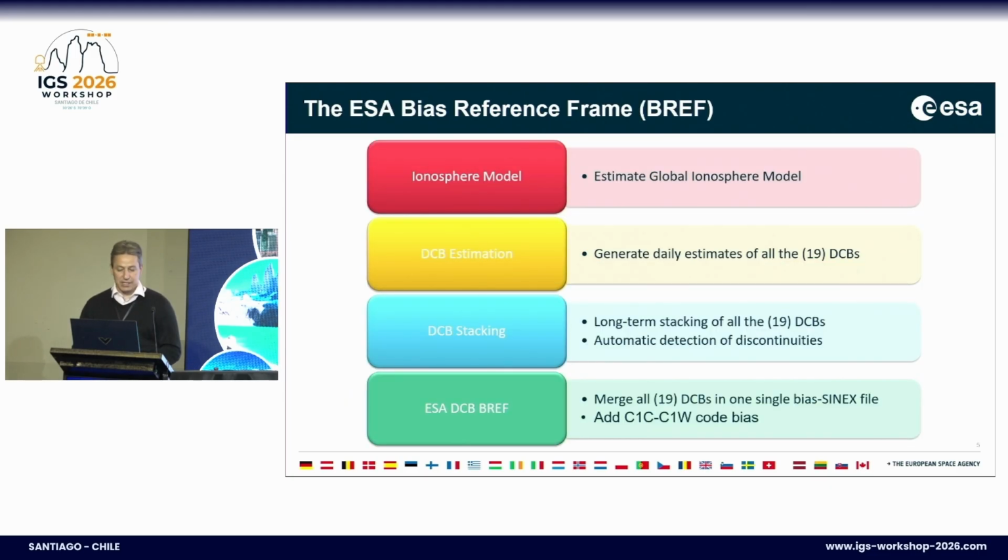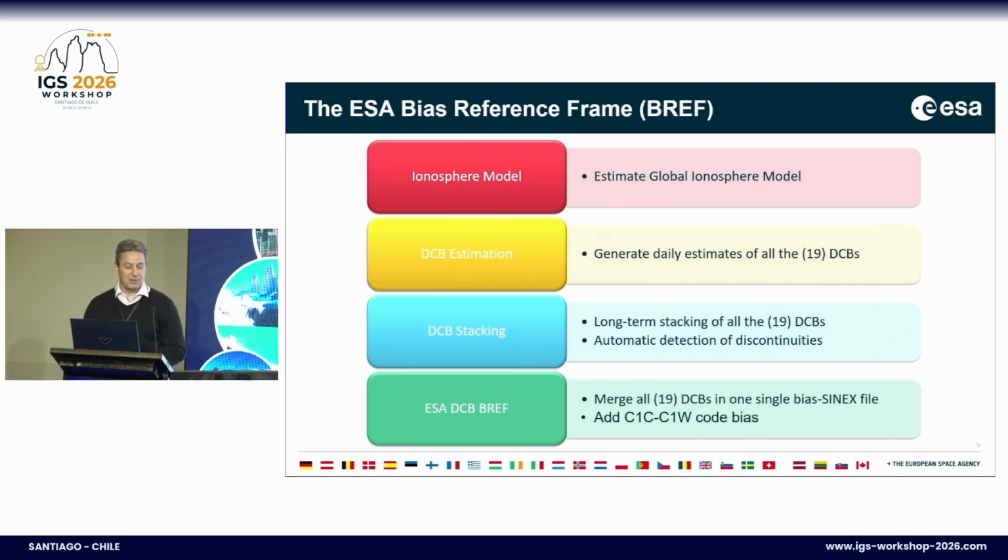How do we generate the bias reference frame? As usual, as done also by all the analysis centers, we start with the estimation of a global ionosphere model, in the first place using one signal combination. Then in the second step, we generate differential code biases, fixing the ionosphere for all other possible signal combinations.